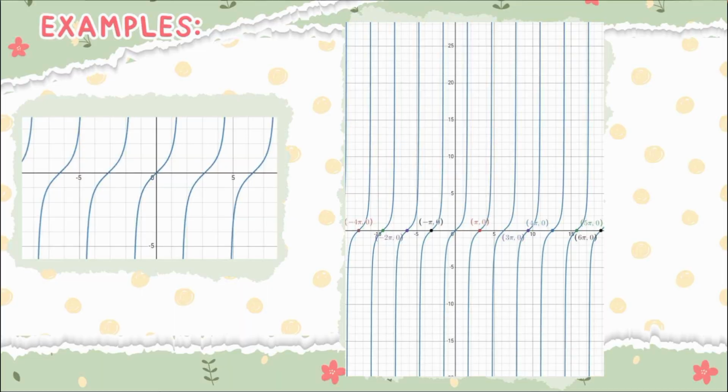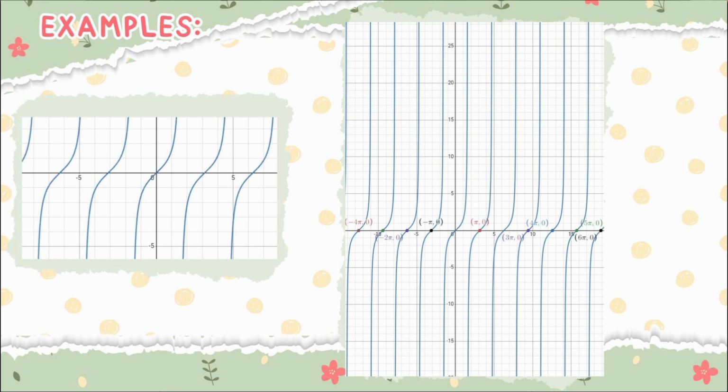So here's the example from Desmos. I use the example y equals tan of x to determine the graph. As you can see, in this example, the points are negative 4 pi 0, negative pi 0, 4 pi 0, 5 pi 0, negative 3 pi 0, negative 2 pi 0, pi 0, 3 pi 0, 6 pi 0.